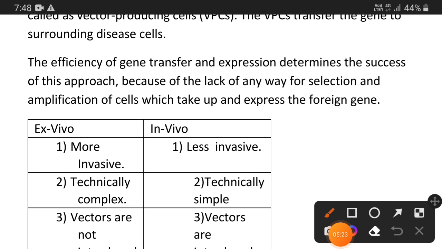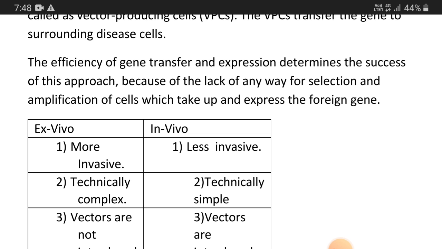So now the efficiency of the gene transfer and the expression of the gene here is not 100% possible, because remember, we are using a particular type of culture cell to transfer them inside the body. There can be a chance that our disease cell has not taken up the therapeutic gene.